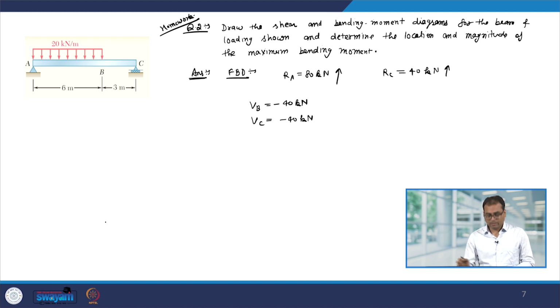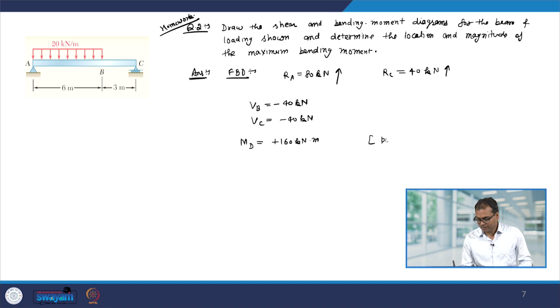You can find out the bending moment. So, the bending moment at point D will be plus 160 kilonewton meter. Now, D is the point where the shear force will be 0. Okay.